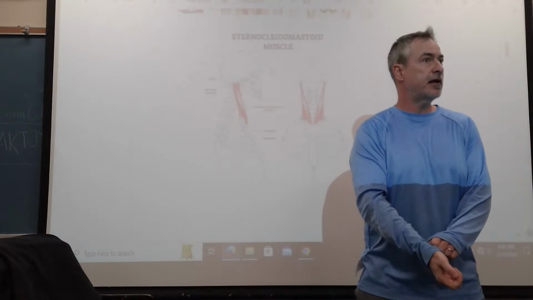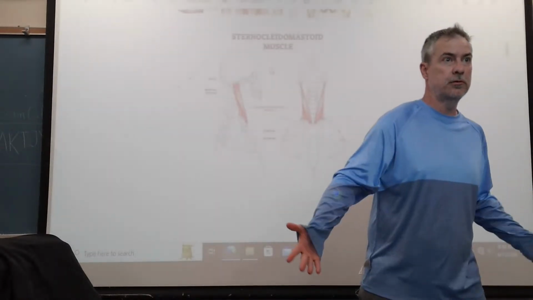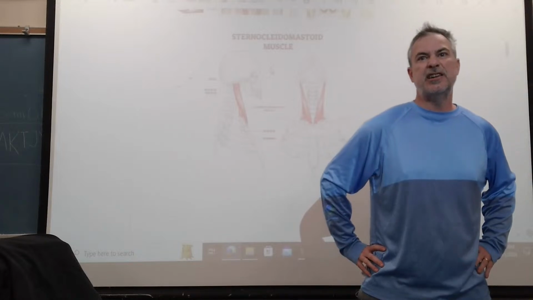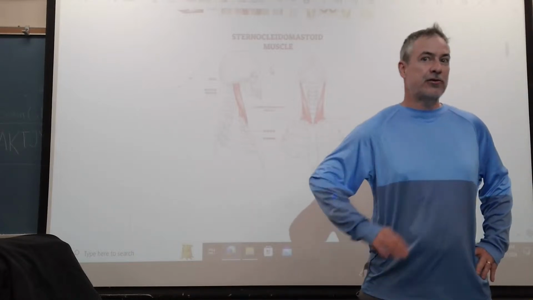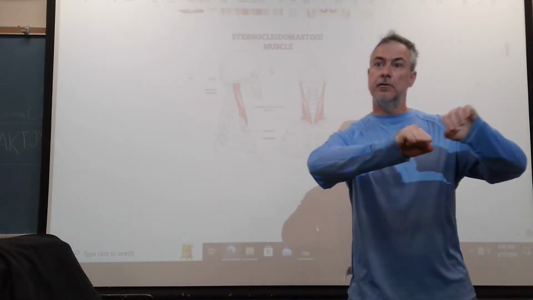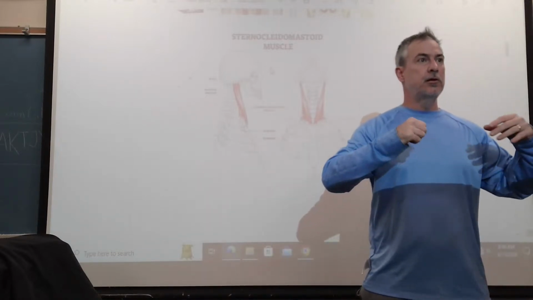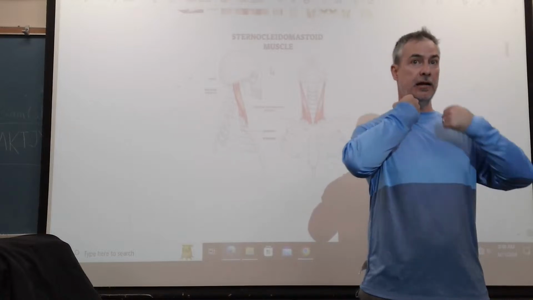So how would I say them both? Sternocleidomastoids, plural. So erector spinae is kind of like deer. Like the plural of deer is deer. Erector spinae, plural. Right would be a singular, left would be a singular. Sternocleidomastoids would be right and left.